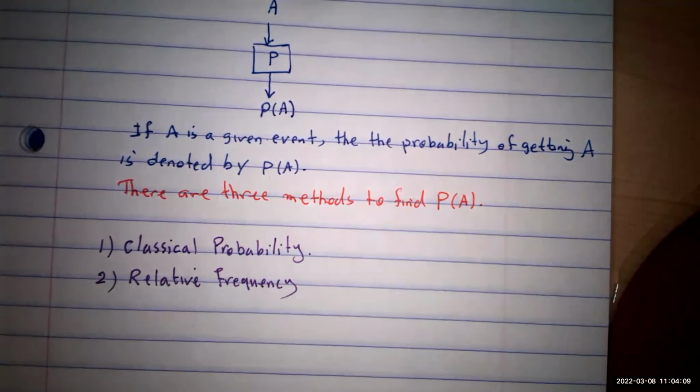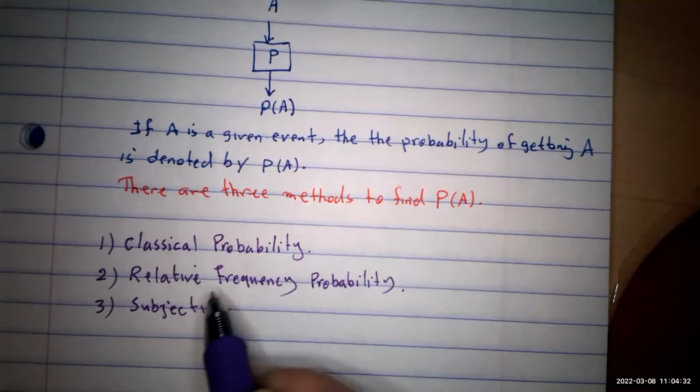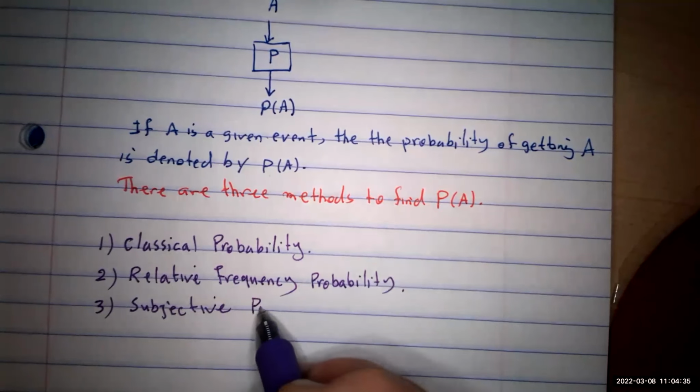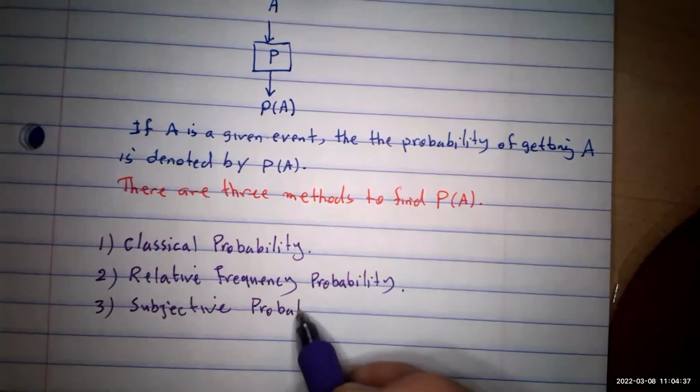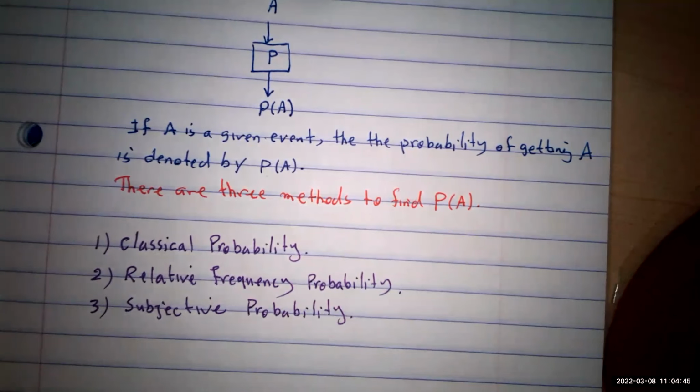And the third one is something we call subjective probability. So these are going to be three ways that we may have to use in order to get the probability of the given events.